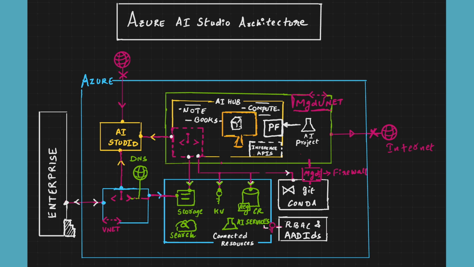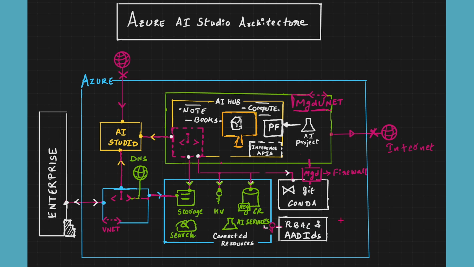And also, we need to understand what the different components of the AI Studio itself are, and how you can block the internet access, so that either the user interface of the AI Studio itself could be blocked from the internet, or the components such as compute and the APIs would be blocked from the internet.